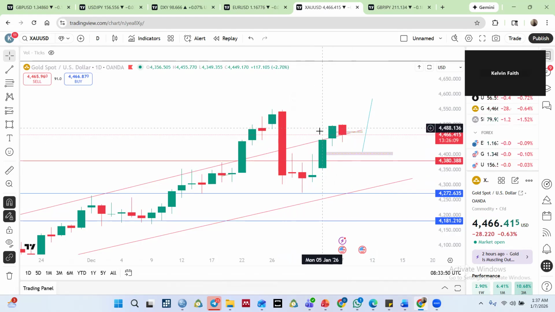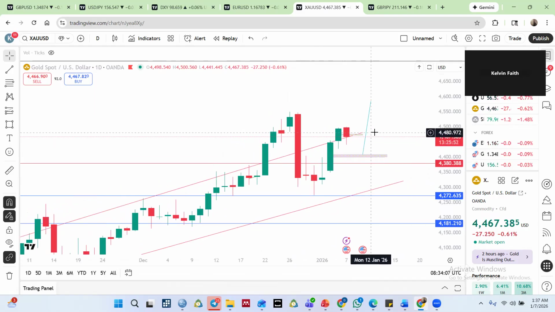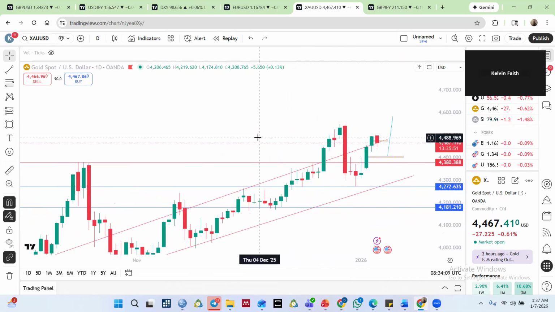So we've been feeling that imbalance since. And maybe I see an opportunity in price manipulating at the top here to dip a little bit down to equilibrium to give people the chance to join or participate in the buying of gold.